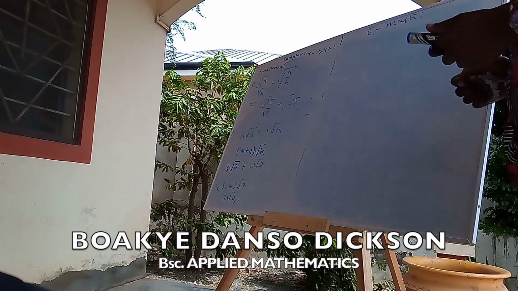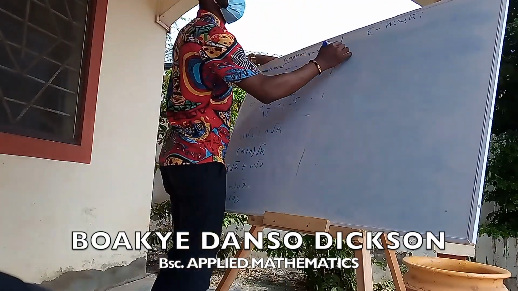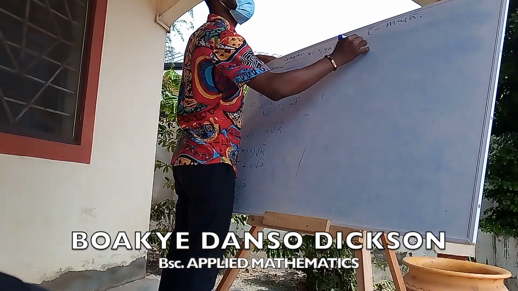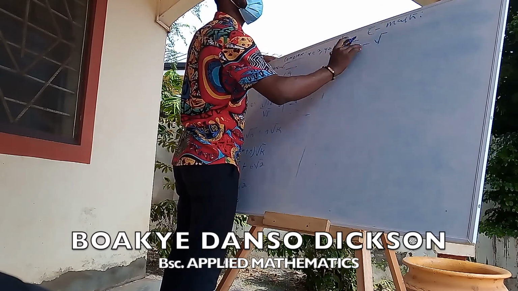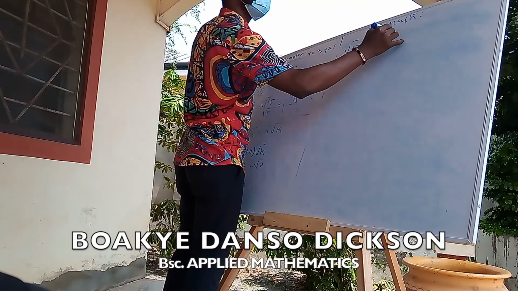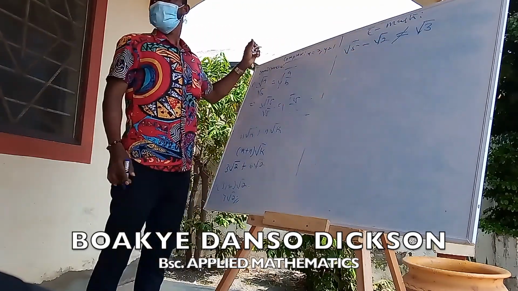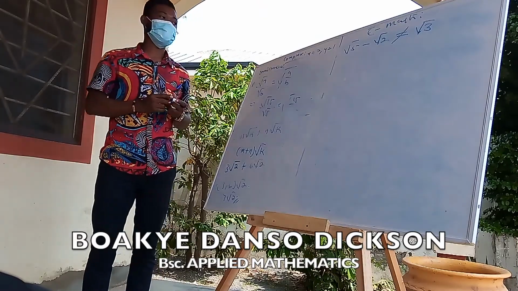Good. Now one thing you should know is that these are unlike sets. √5 minus √2 is not equal to √3. It can't happen like that.